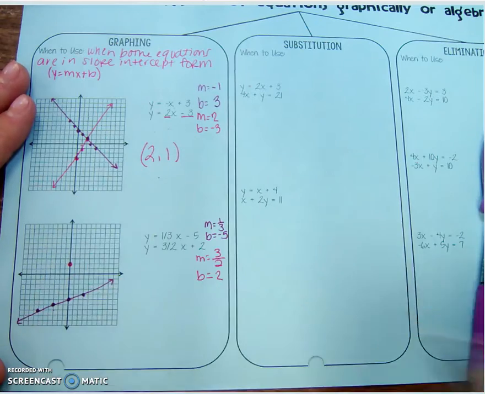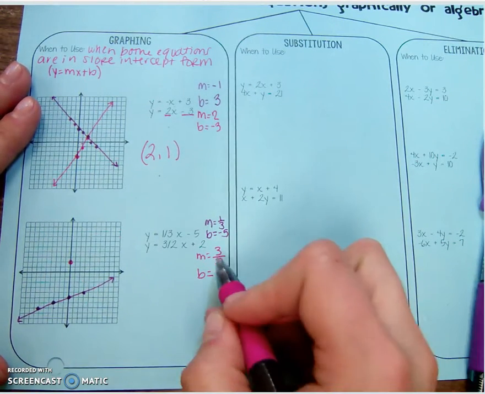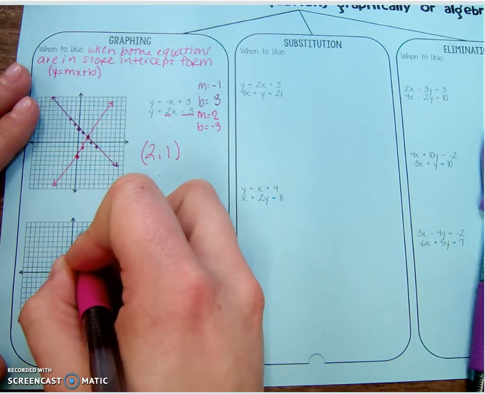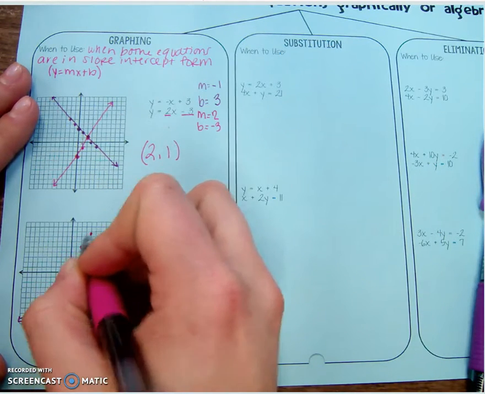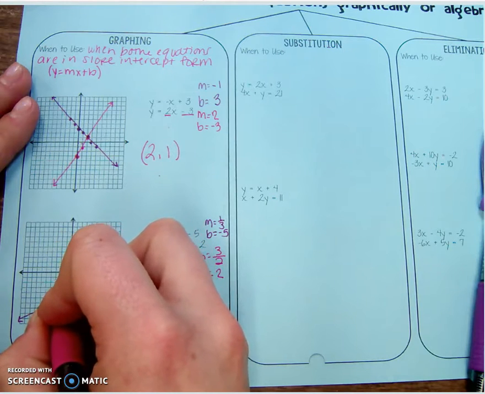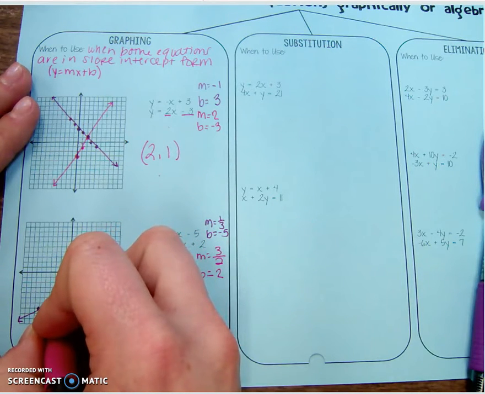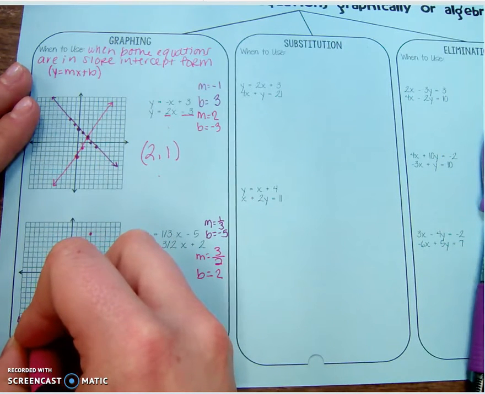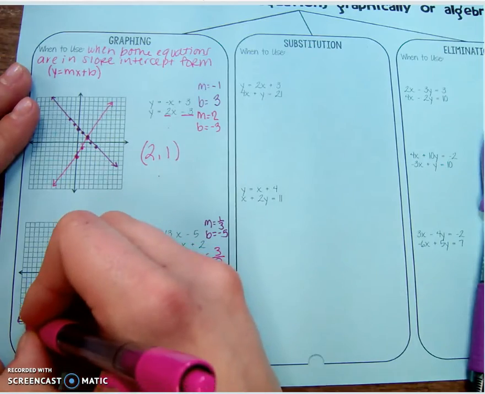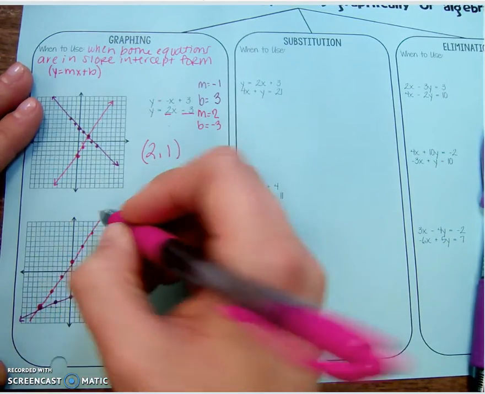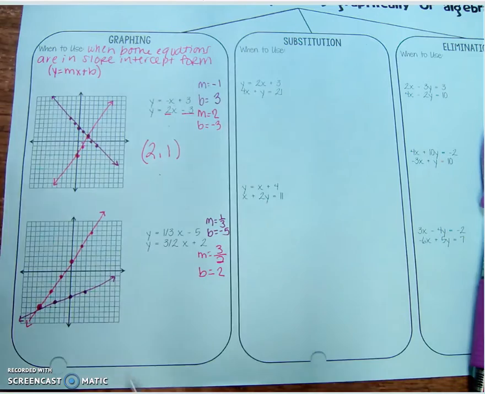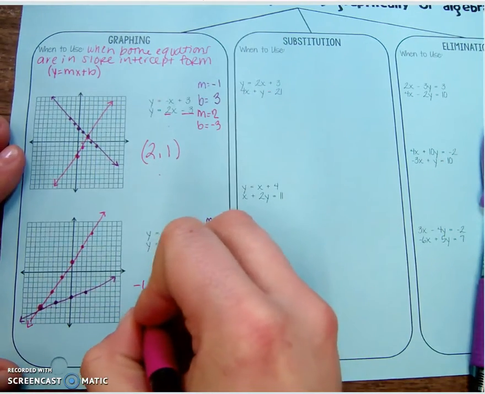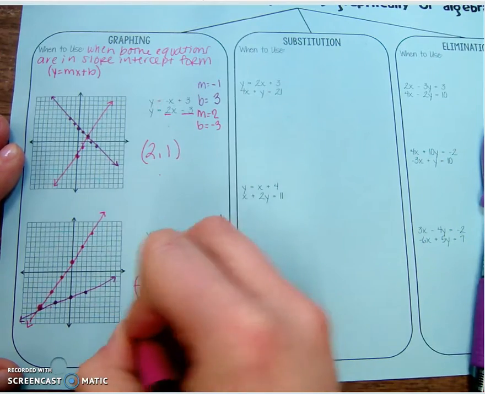Start at the b, rise 3, run 2. They're both positive, so I'm going up and to the right, or down 3 to the left 2. Negative over a negative is also a positive. And there's my point of intersection. That point is left 6, down 7, so (-6, -7).